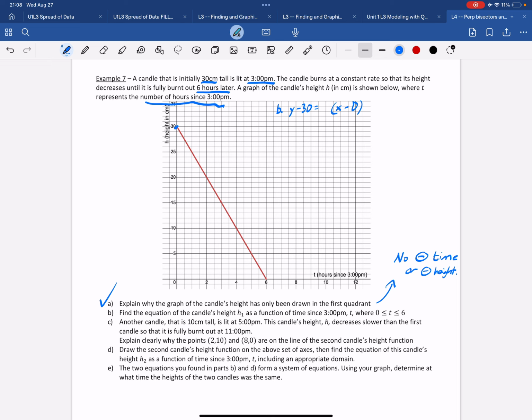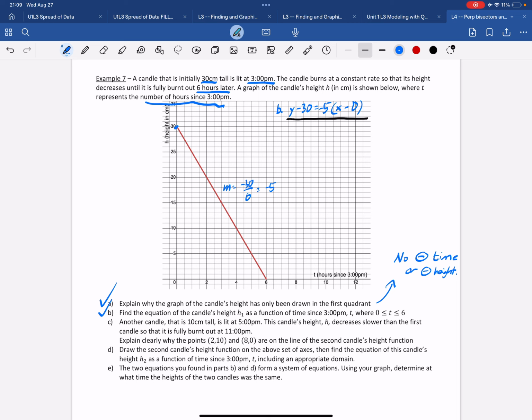And what's that something? That's the slope. We're going down 30, so negative 30, right 6. The slope is negative 30 over 6, which is really negative 5. So there's our equation. Easy. y minus 30 equals negative 5 times x minus 0. Just leave it like that.